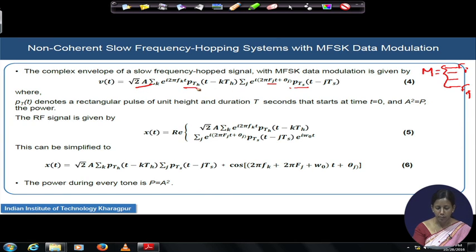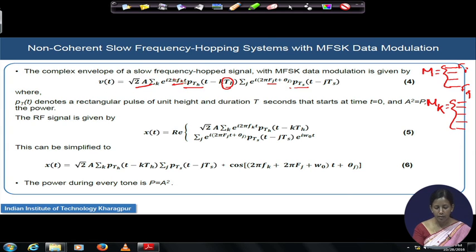P_TH is the rectangular pulse associated with your hopping pattern, and TH is your hopping time. Small f_k you have chosen from your M_H or M_K here, and you have a set of hopping frequencies that you are choosing, and small k denotes how many such frequencies you have in your data bank.